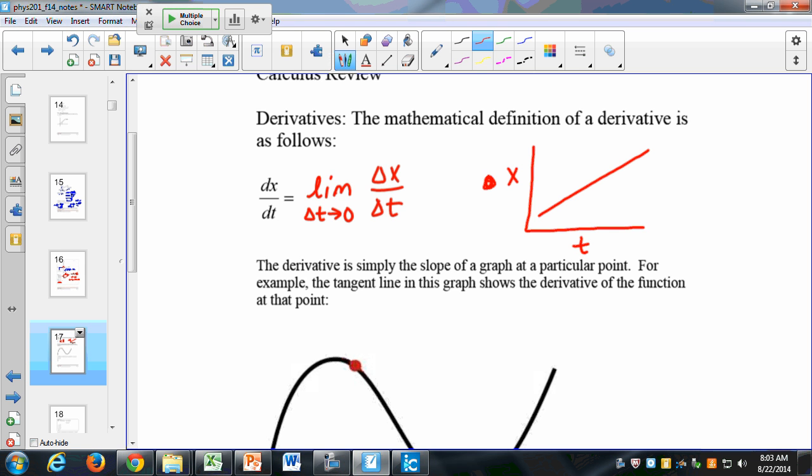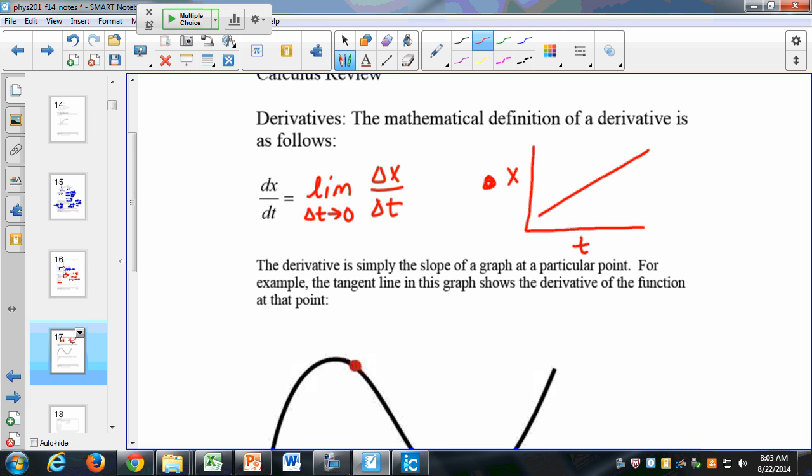So this limit is just the limit of the slope. But the derivative is special because it allows the denominator, delta t, to get infinitesimally small. That's what it means that delta t approaches 0. So it's not just asking what is the slope of this graph, it's asking the slope of this graph at a particular instant. So it takes this delta t and collapses it down to a particular point so that you can know the slope of that graph at that point.